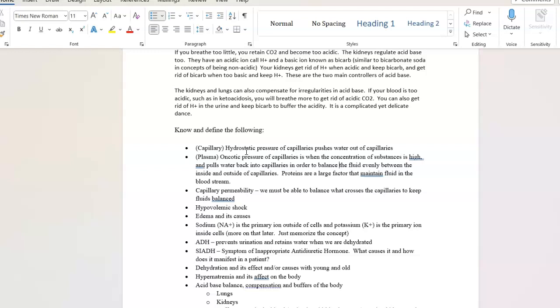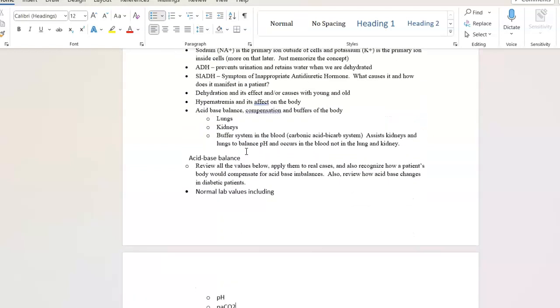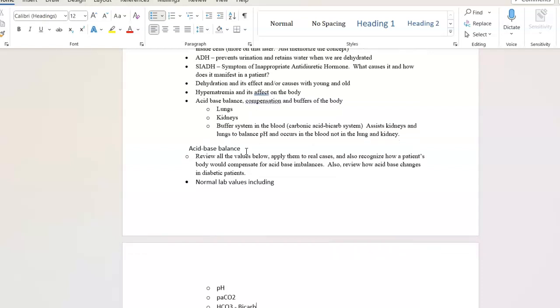Edema. We've reviewed sodium and potassium. ADH. Look at that substance, where it's created, what it does. I gave you some basics. Also, review SIADH, symptoms of inappropriate ADH. What causes it? How does it manifest? Dehydration, its effect and or causes with young and old.